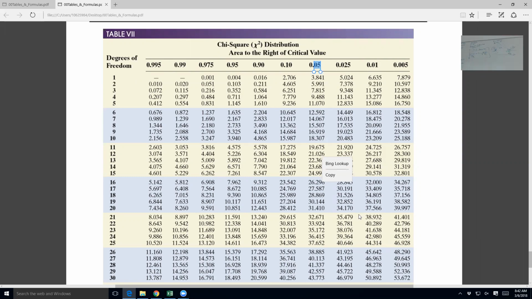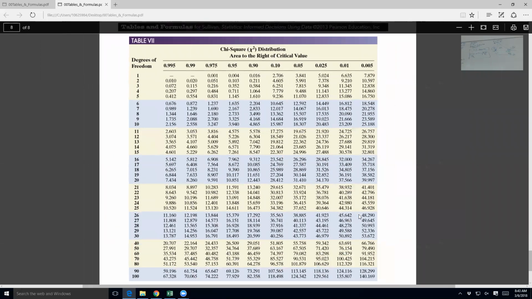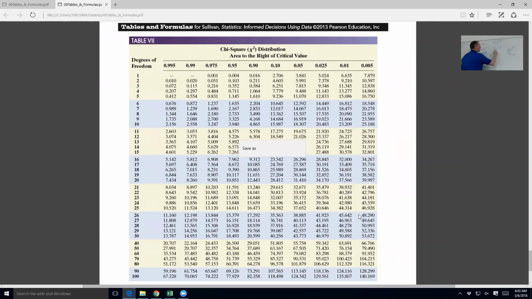I'm at the 0.95 column, 12 degrees of freedom, 5.226. So I'm going back to this equation here. Now here's the deal. I know that this is right and left, and this is right and left but backwards. Here's the deal.